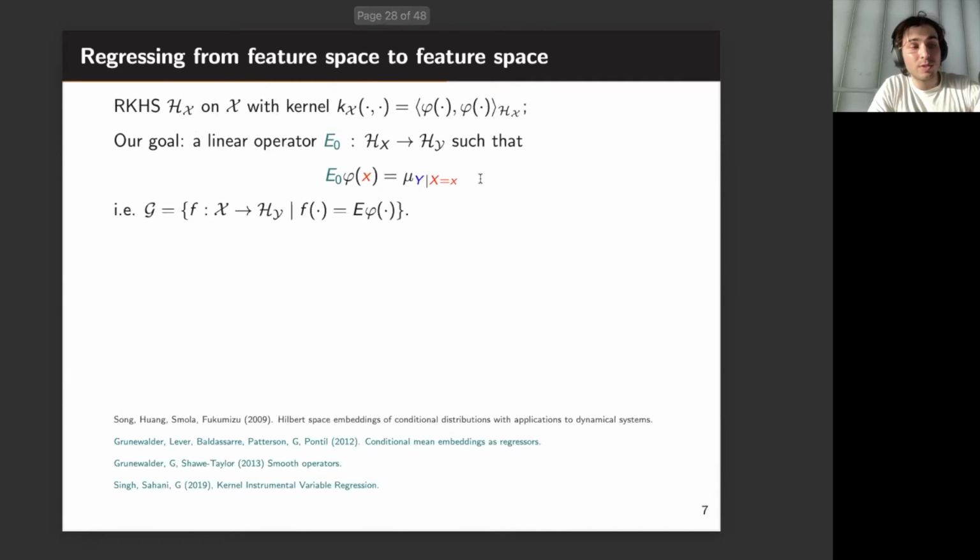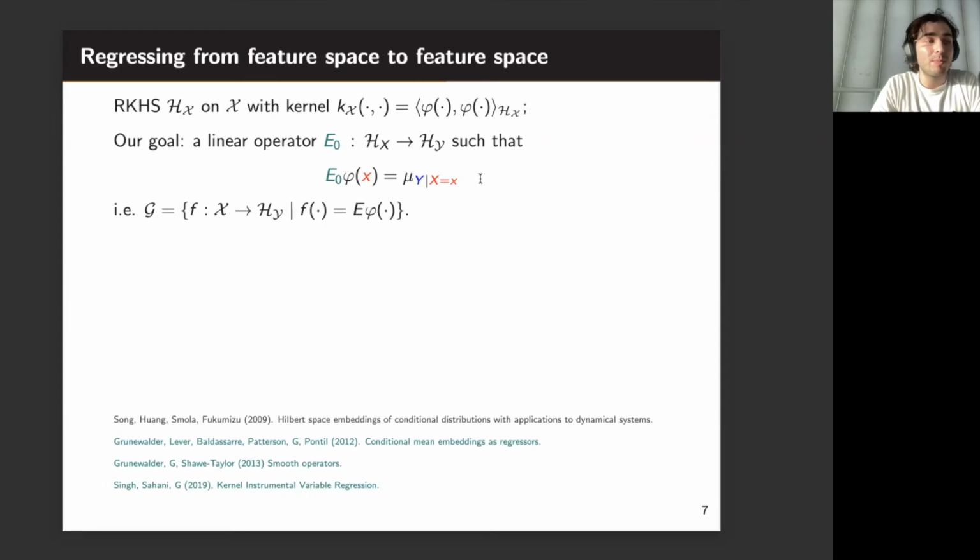Now, to design the hypothesis class G, we follow the classical construction from the literature on conditional mean embedding, which is as follows. We introduce a second RKHS, this time on the covariate space with kernel k_X. So we now have two RKHS, one for Y and one for X. Then we look at a matrix E_0 such that E_0 times the feature of x gives us the conditional mean embedding.